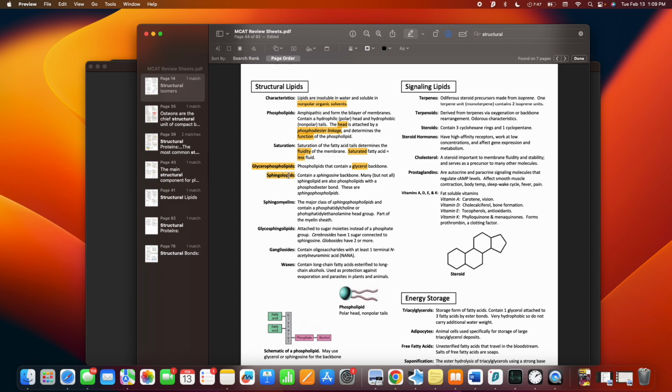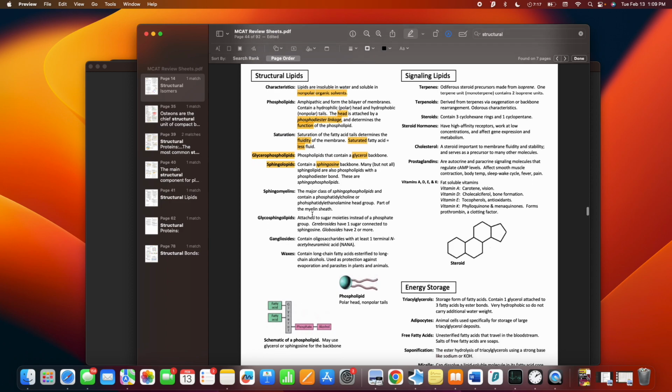They contain a sphingosine backbone. Many but not all sphingolipids are also phospholipids with a phosphodiester bond. These are sphingophospholipids. The phosphodiester bond is what gives the phospholipid linkage.